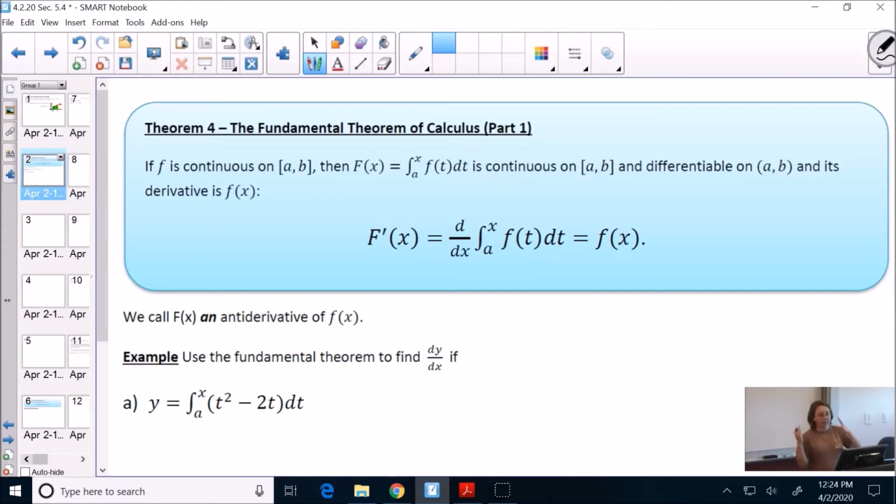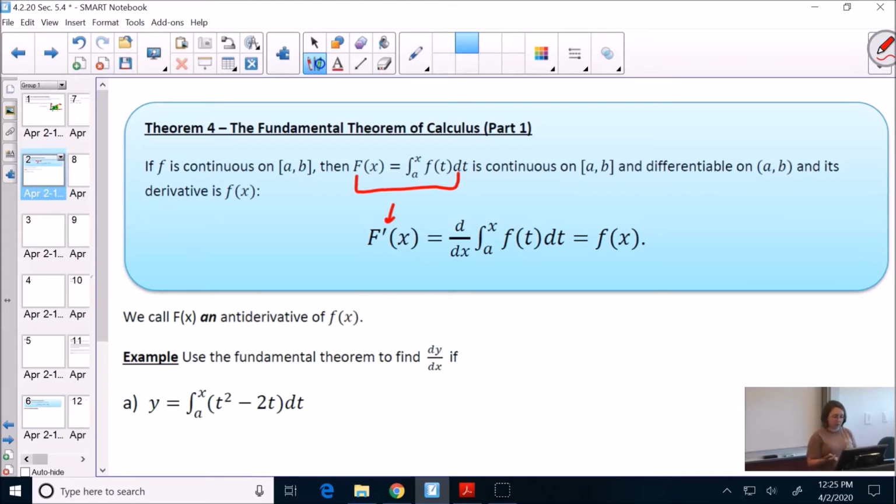If you were to graph the areas, anyway, I'm doing 2D and I don't need to. Alright, so the capital F is continuous and also differentiable, and its derivative is little f. Okay, so we're taking the function we just defined, and now we're taking the derivative of it. You take the derivative of the integral. What do you get? Little f of x.